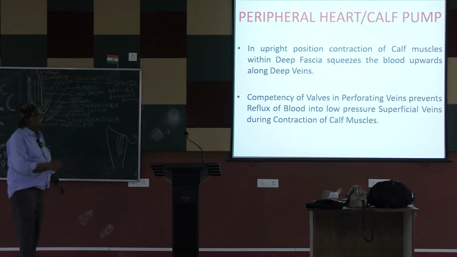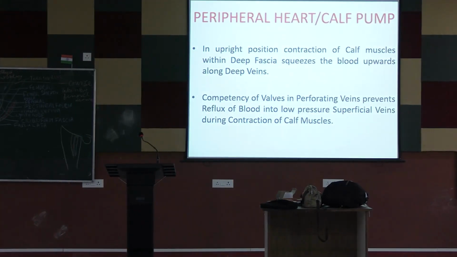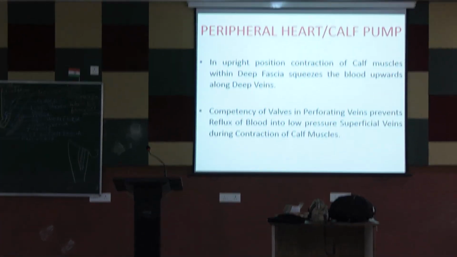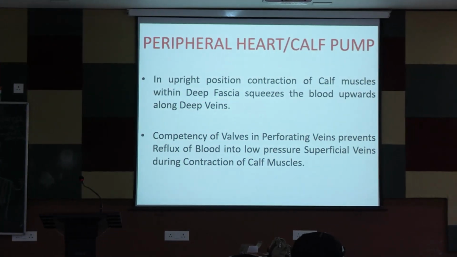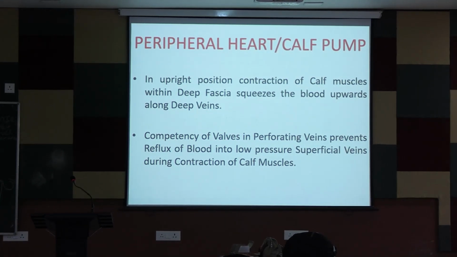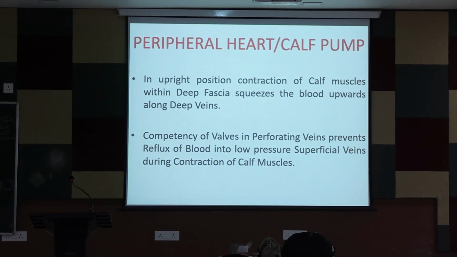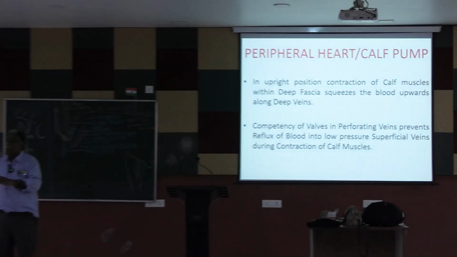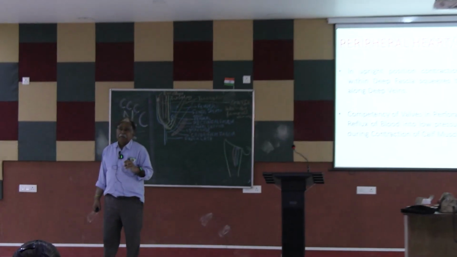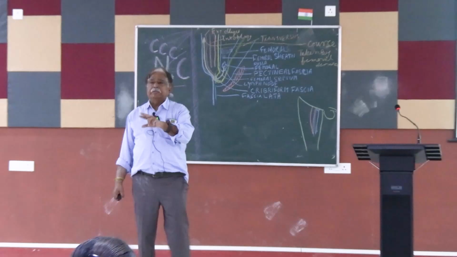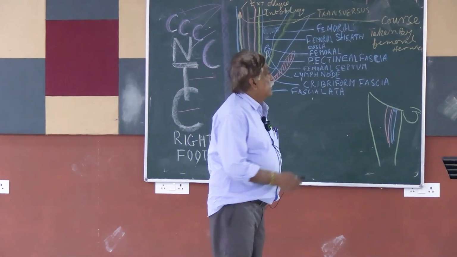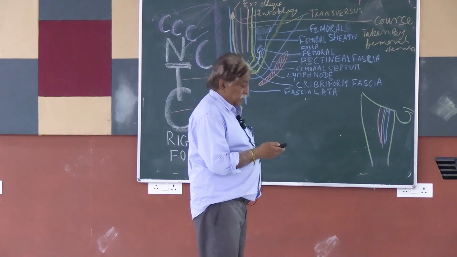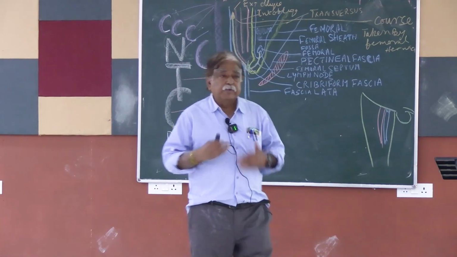Now, peripheral heart or calf pump, short note. It can be even 10, then 2, 5 small 2 marks questions. Other components of lower limb can come into it. So 4 to 10, 4 to 8 marks. Now, peripheral heart or calf pump, you are answering very well in Viva.